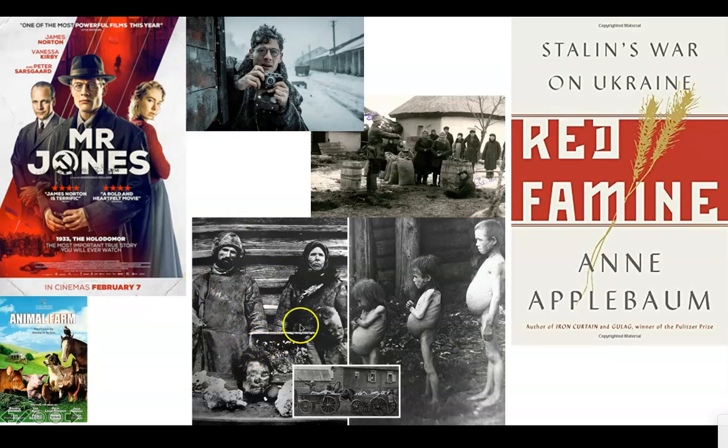As you can see here, there's people with heads. People had to resort to cannibalism. You had a huge famine. There's a great book on it called Red Famine, Stalin's War on Ukraine. And it was Gareth Jones who uncovered this.